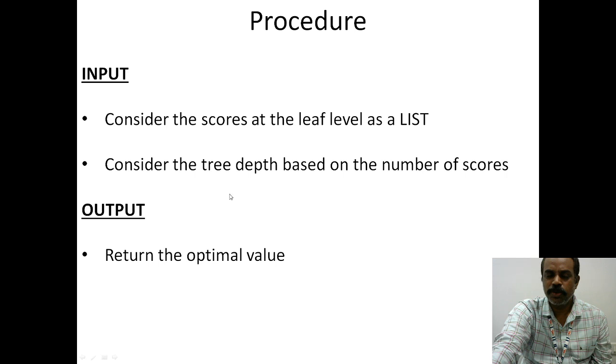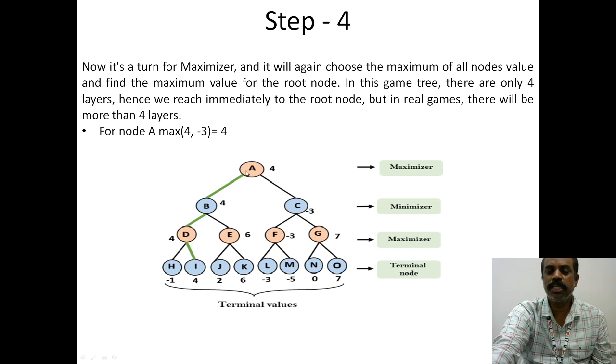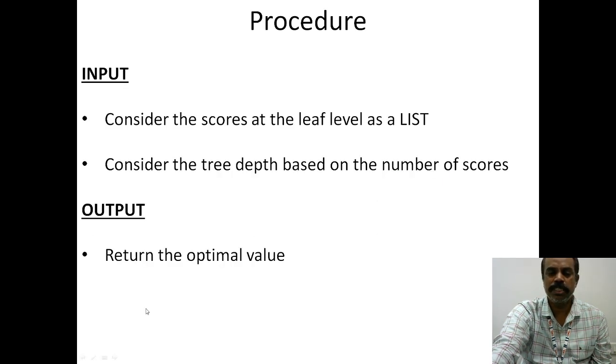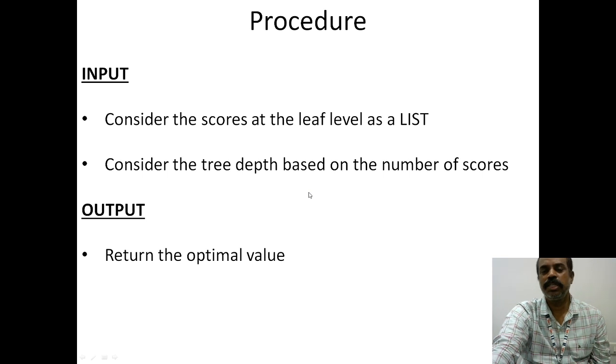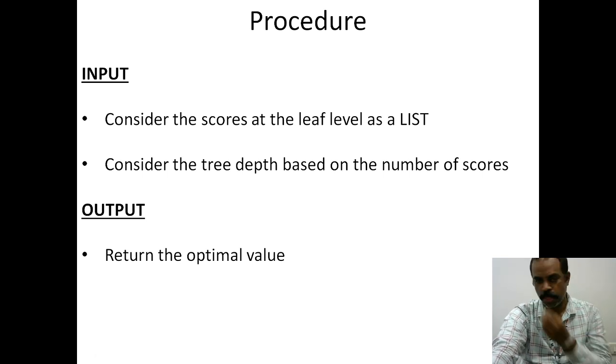Next, it also depends on the depth of the tree, which is based on the number of scores. In this example, we have 0, 1, 2, 3 as the depth. In real life scenarios the depth can increase. And what we need to return is the optimal value, that is the final value present in the root node. So that's the goal of this in-lab.